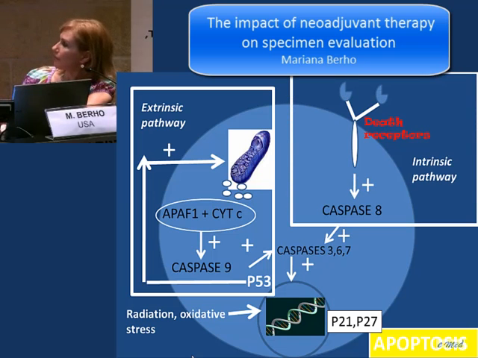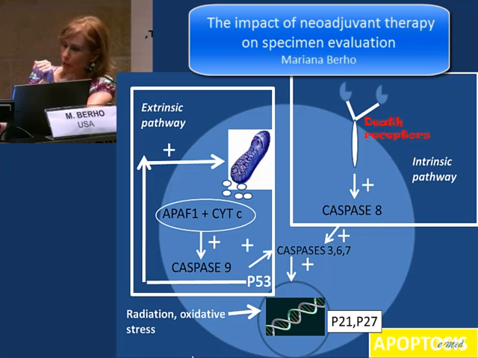On one hand, we have the intrinsic pathway that is not touched by radiation. So it doesn't matter if you have any problems here in the intrinsic pathway. The one that you want to be sure is functioning is the extrinsic pathway, the one that involves the mitochondrial elements.